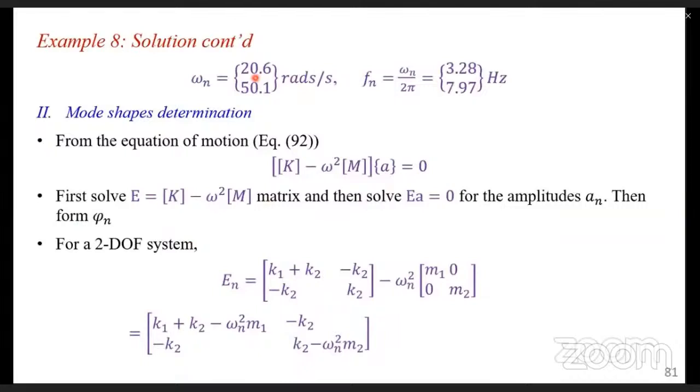Because if resonance occurs, the structure is susceptible to failure as a result of the resonance, or the very high amplitude of motion occurring. Remember the material that we are using, even if it's steel, even if it's concrete, there is a maximum allowable deformation.